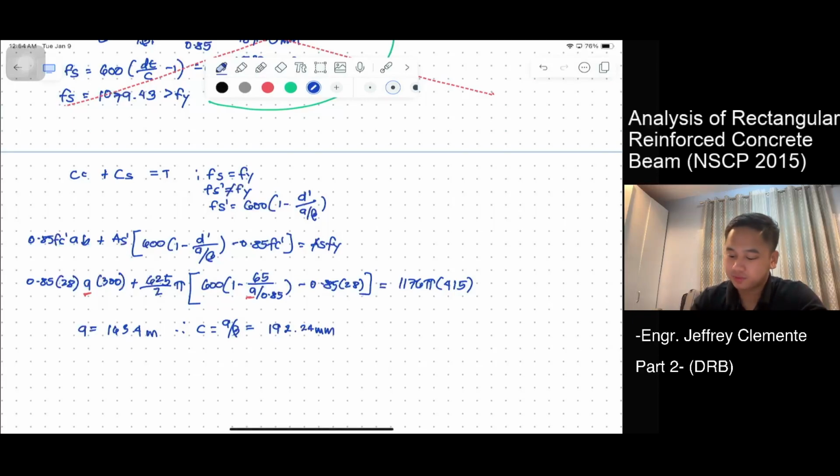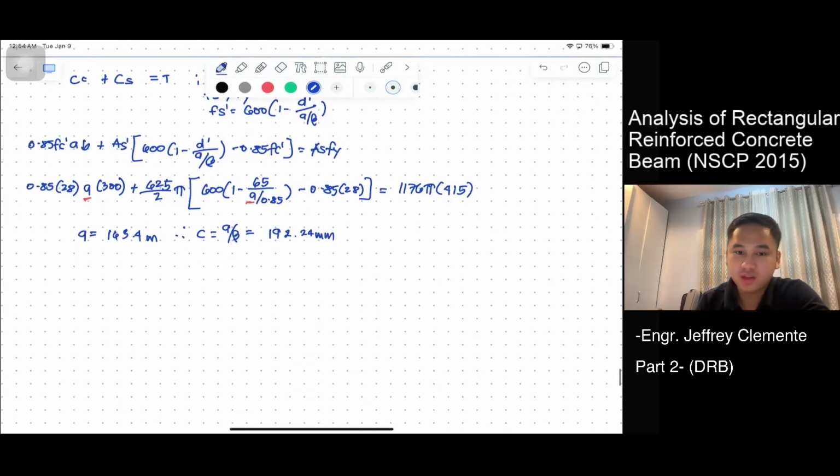Okay. So, since alam na natin to, let's solve now yung Fs. Fs, pwede hindi natin i-check, kasi alam natin na mag-yield na siya. Ang kailangan natin i-check ngayon is yung Fs prime. Ano yung Fs prime? 600 multiplied by 1 minus 65 over A over beta, that is just C. So, that is 192.24.